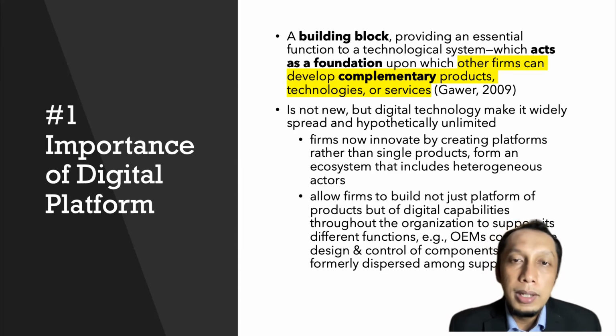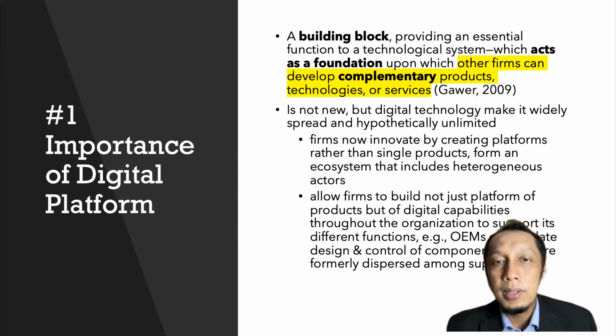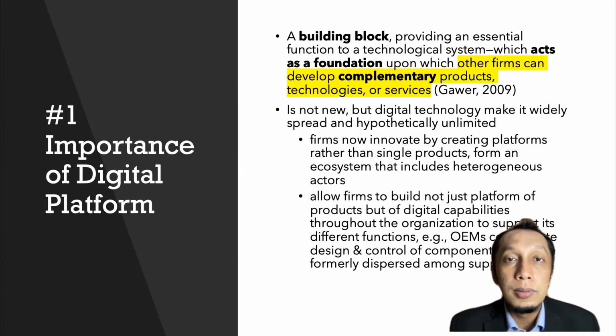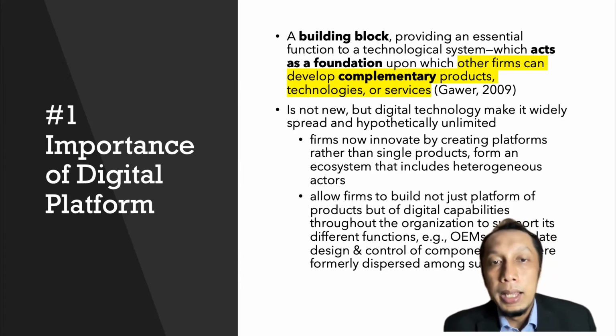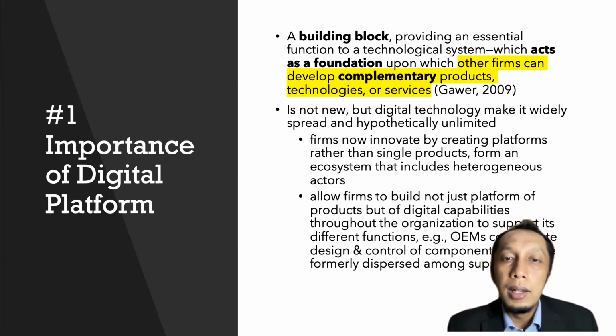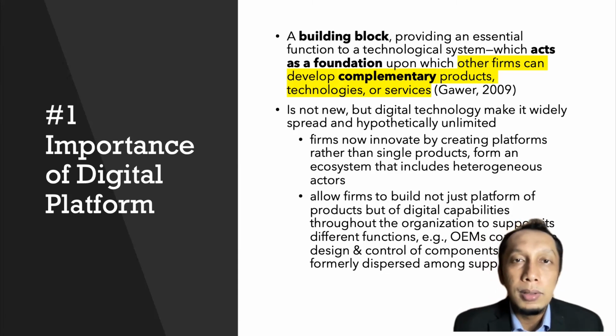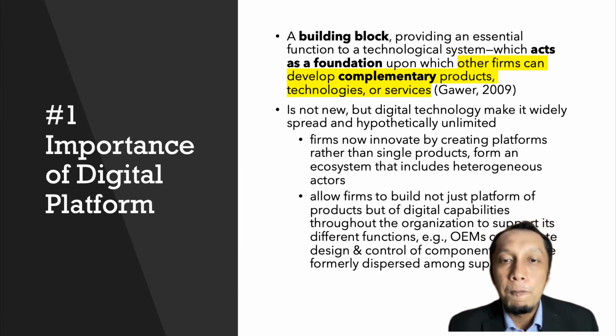And firms nowadays innovate by creating platforms rather than single products. They will form a kind of ecosystem that includes heterogeneous actors, like what happened with Apple that I showed you earlier. And by doing this, it will allow firms to build not only platforms of products, but also digital capabilities throughout the organization.